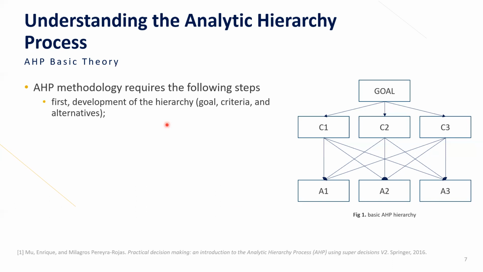Hierarchy means the structure of your decisions. For the basic AHP, there are three structures that you need to define for every problem that you want to consider. First, you need to define the goal. The goal is what kind of solution you want for your problem.